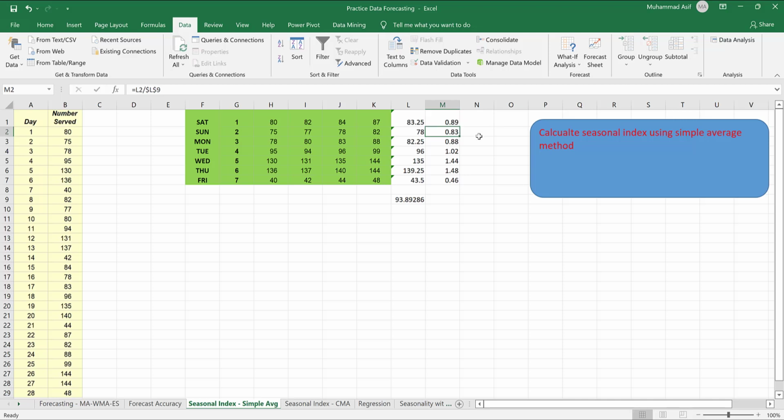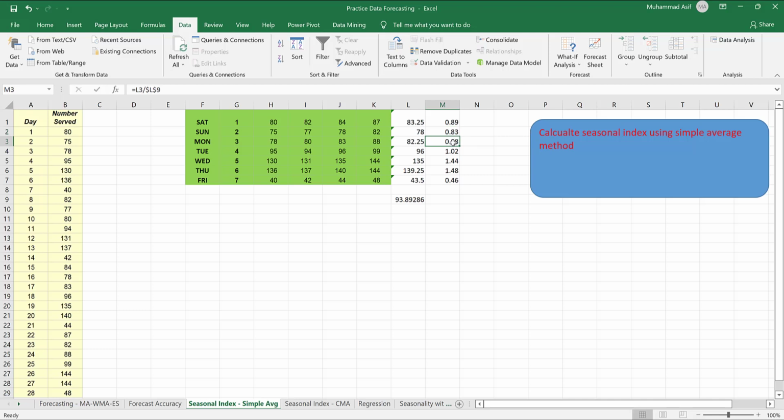Similarly, this is about 83%: sales on Sunday is 83% of the average sale in that week. In other words, sales on Sunday is 17% less than the average sale in this season.